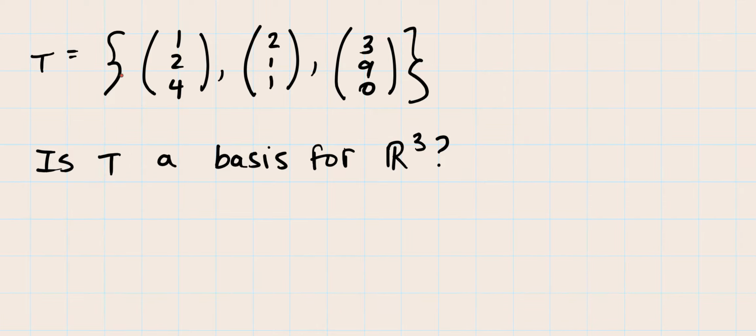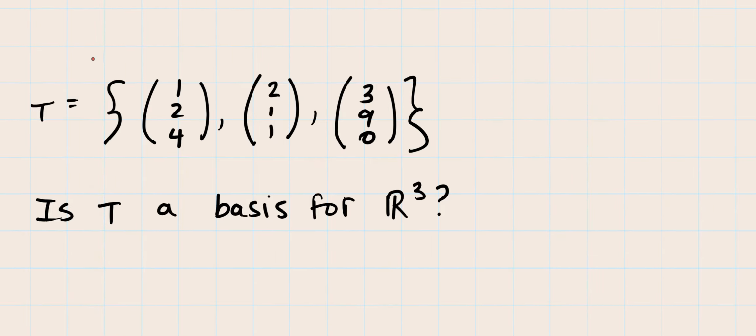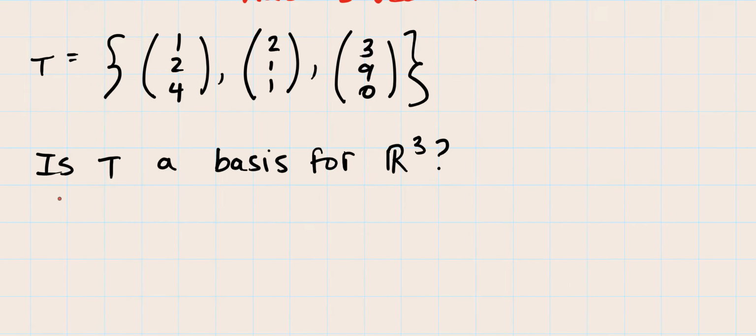Okay, now we have, for R3, this set T. T has 3 vectors. So that means it's possible that T forms a basis for R3. To figure it out for sure, we just need to see if they're linearly independent. So let's call these V1, V2, V3.